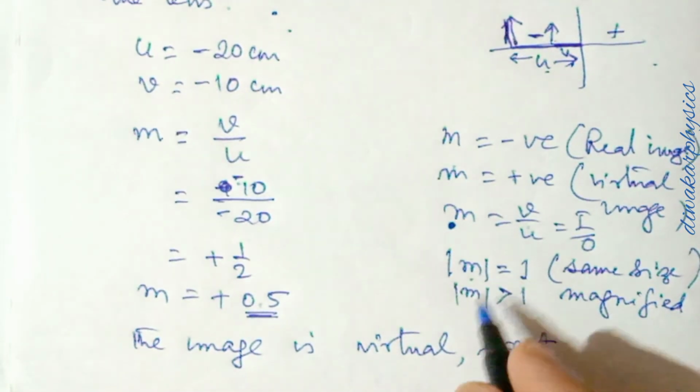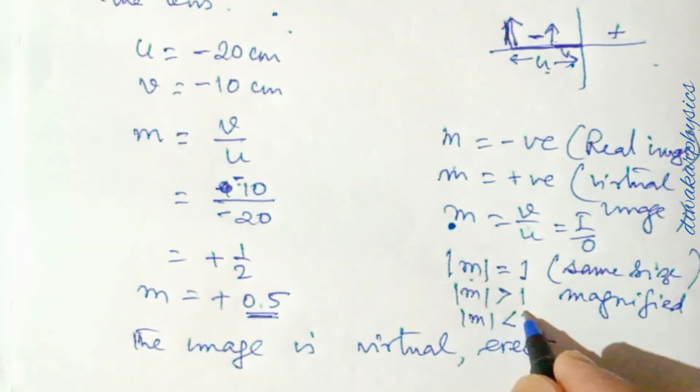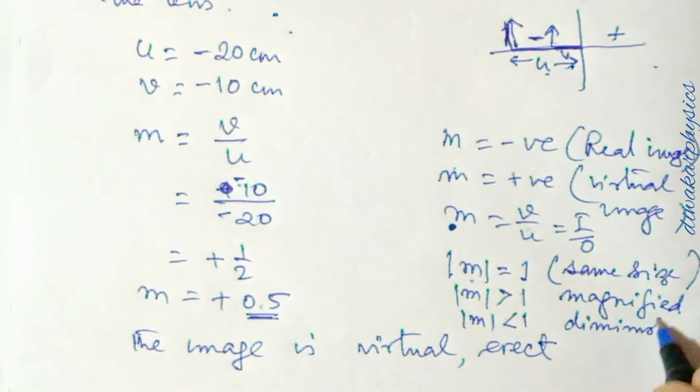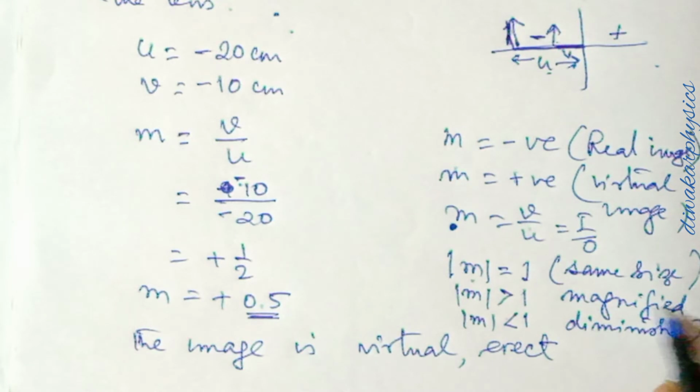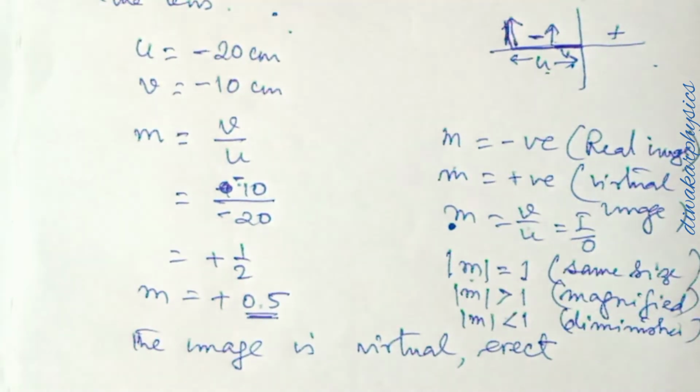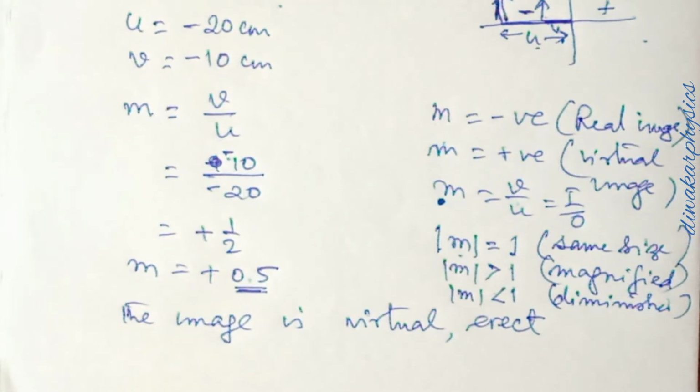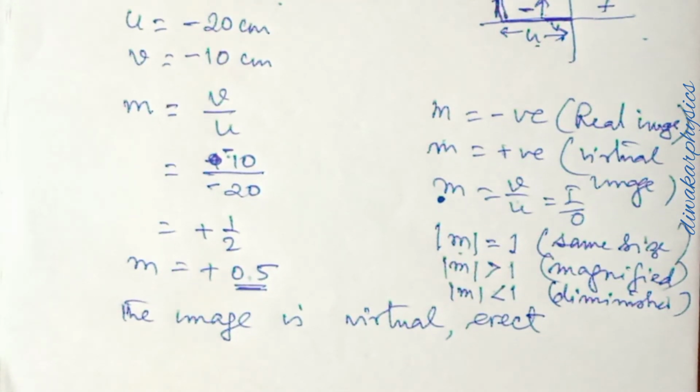And if the value is less than 1, then it is diminished. This is for your revision. At the same time, while solving the numerical, you can revise the sign convention and other factors also.